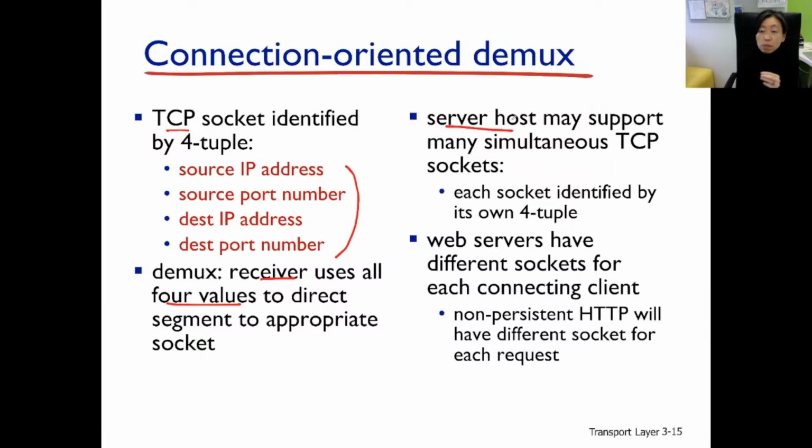Now, a server process running on the host could be maintaining multiple sockets, one for each pair of communication per client. For example, a web server could have multiple sockets open for each connecting client. And if it is the older form of HTTP the web server is running, it could be one socket per object request.